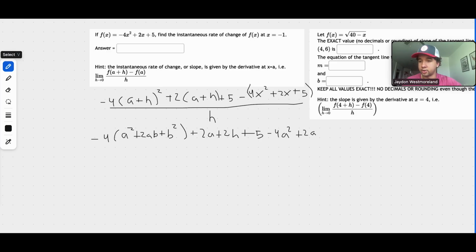Actually, let me just distribute the negative here, so this is actually going to be minus 2a minus 5, all over h. Okay.